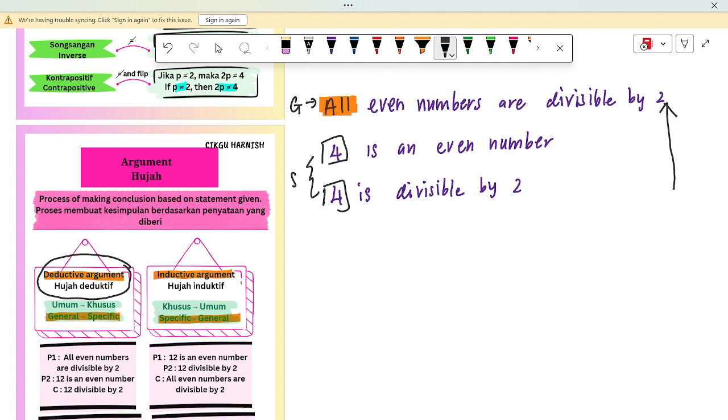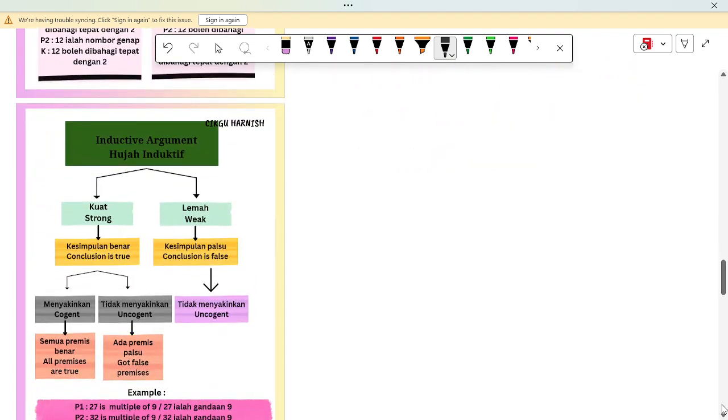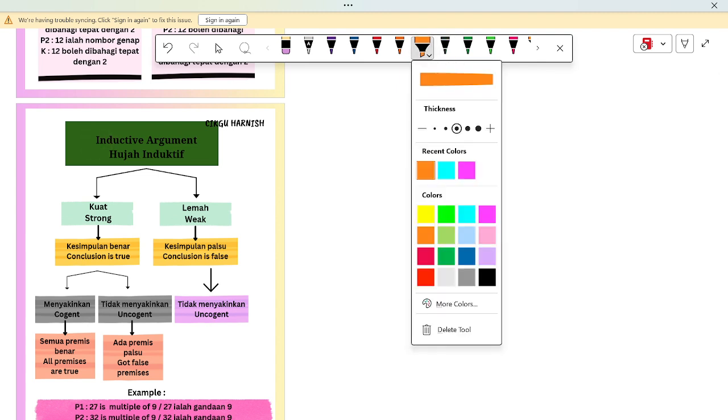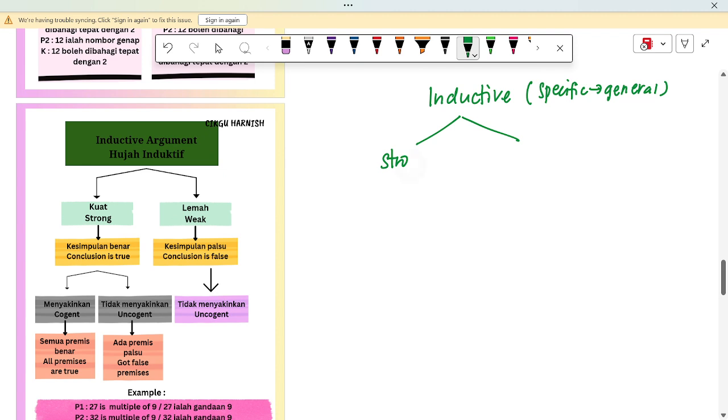Okay, for the next one, what you all need to know is, for inductive argument, the most important part, it's divided into two, which is strong and weak. So inductive is from specific to general, and it can be either strong or weak.